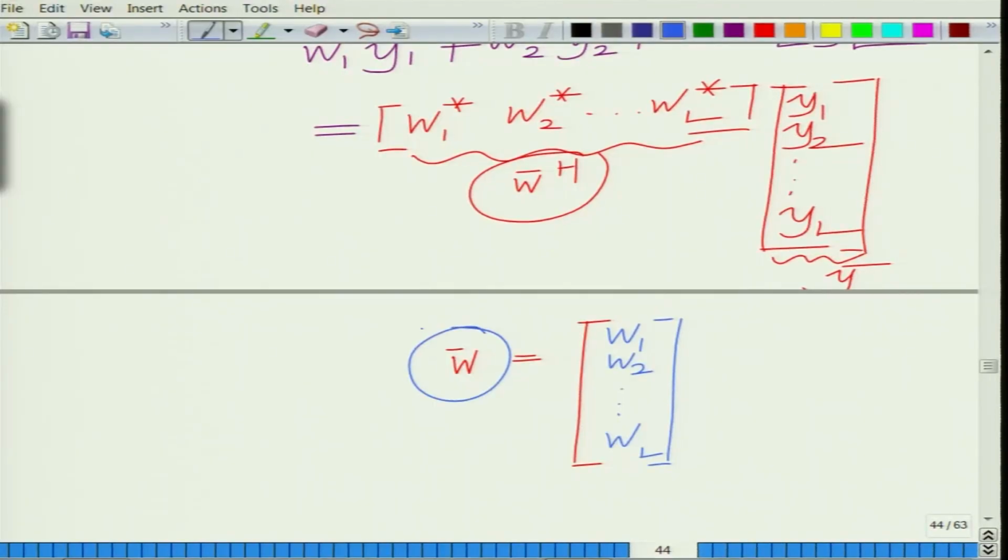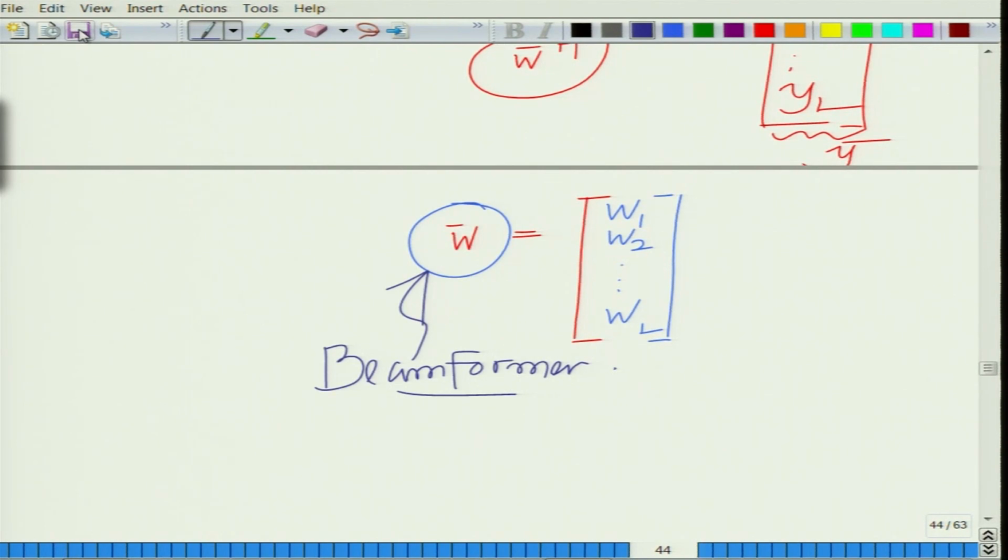This W bar is called the beamformer or the beamforming vector, and this can be chosen to maximize the signal quality.